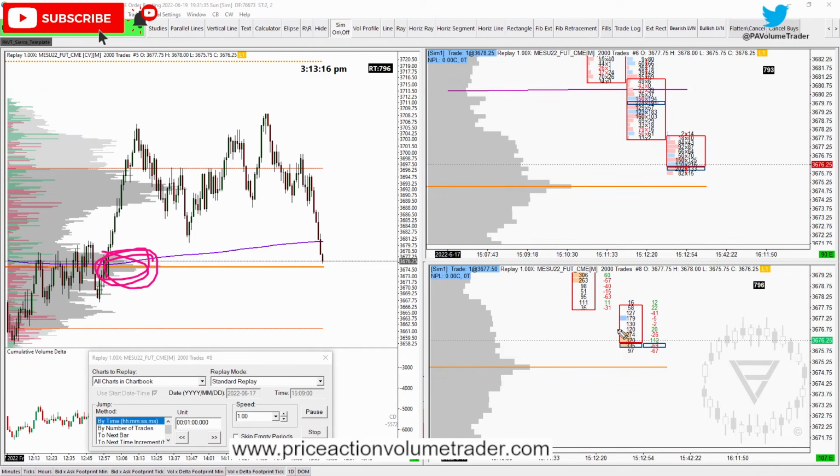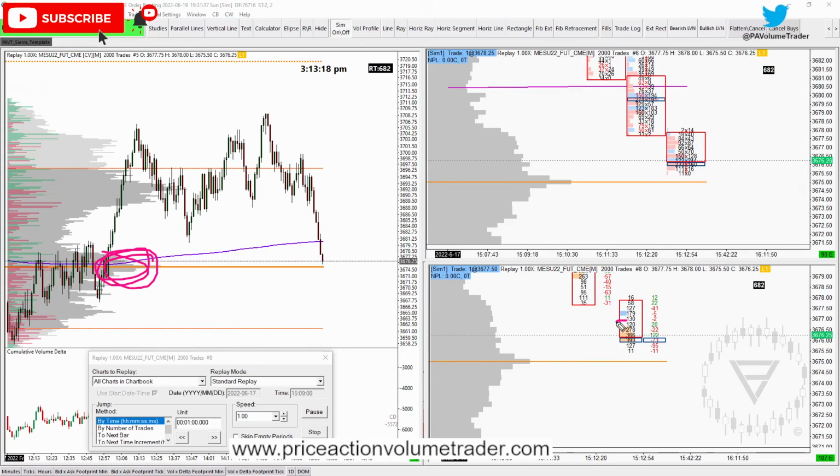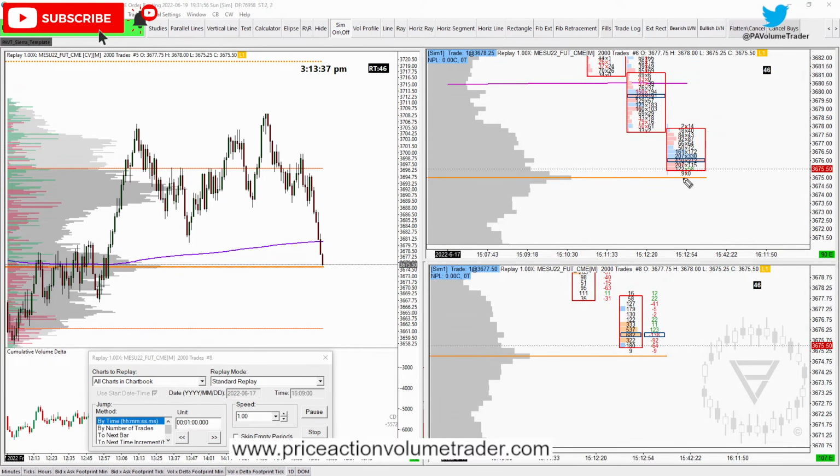Okay, now you can see here, look, we're starting to get high volumes highlighted here. And you can just compare how much volume we had at the extremes here versus how much we're getting right here. We're coming here.